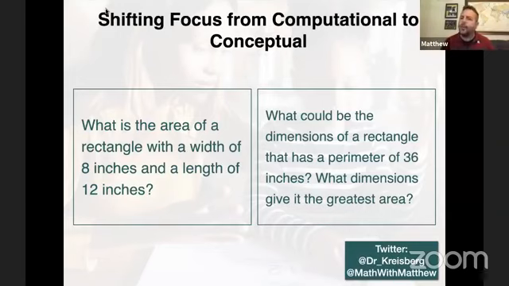Those aren't the types of questions that we see either because of the state standards or most curriculum today. Instead, it's higher order thinking that encourages multiple ways to solve a problem and then be able to understand and explain your answer. So instead of just finding the area, it could be, what could be the dimensions of a rectangle that has a perimeter of 36 inches? And then what dimensions give the greatest area?